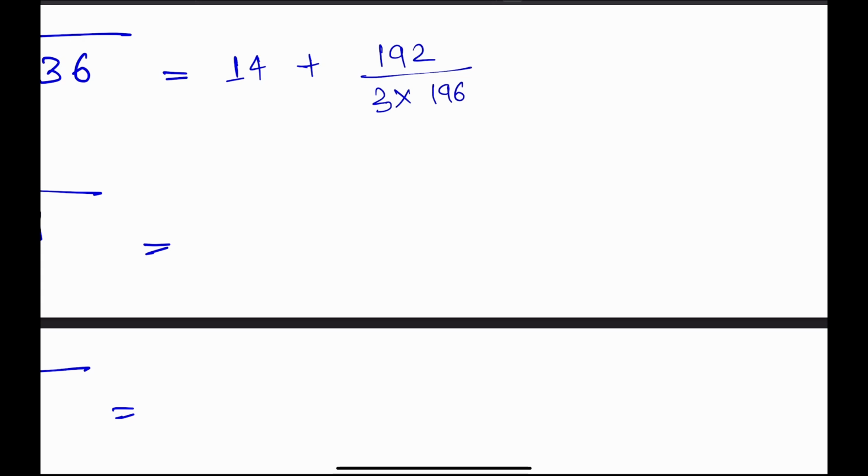So 192 by 196, it is somewhat one only. So 1 by 3 is 0.33. So something 14 point instead of 0.33, because it is not 1 by 1, it is 0.9. So it will be 0.30. Yeah, I suppose.